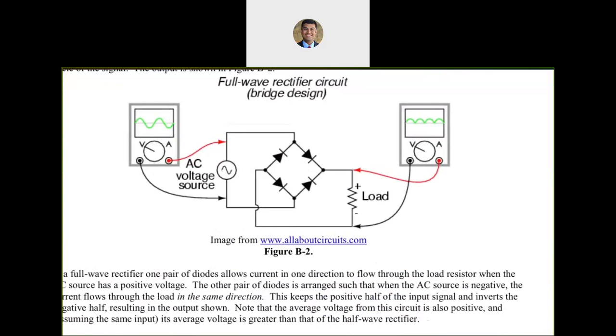So first of all, what am I going to do? I'm going to actually trace out how the forward biased regions and the reverse biased regions work out. So I will highlight using different colors. For example, I'm going to use blue for what is the direction of flow of current when there is a positive voltage on this AC voltage source.